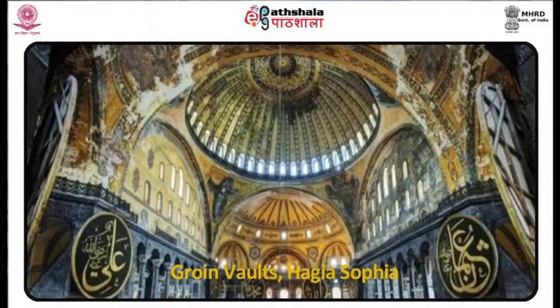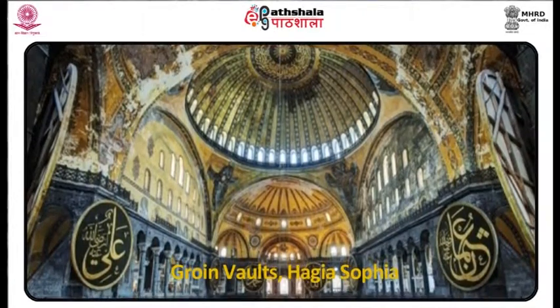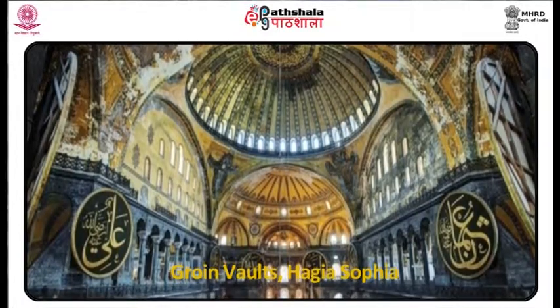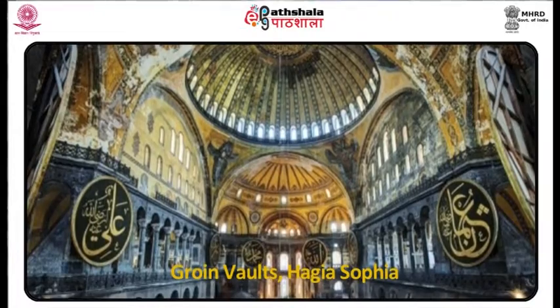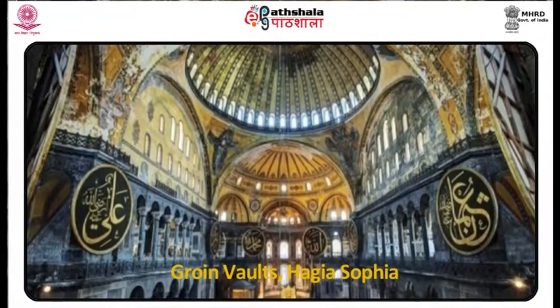Running from east to west along the axis are colonnaded side aisles on the first level and colonnaded galleries on the second level. Both are covered by groin vaults. Were it not for the central square, Hagia Sophia would resemble a typical centrally planned church, albeit on a massive scale.